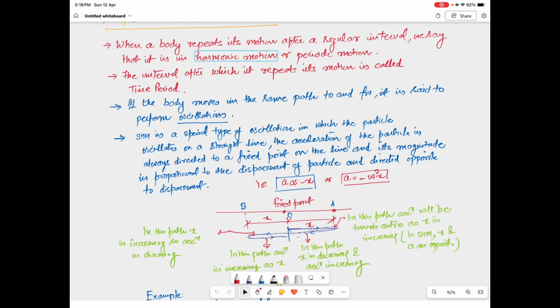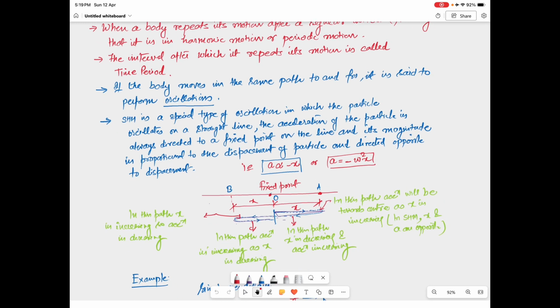Now, what is simple harmonic motion? Simple harmonic motion is a special type of motion in which the particle oscillates in a straight line. The acceleration of the particle is always directed to a fixed point on the line, and its magnitude is proportional to the displacement of the particle and is directed opposite to the displacement.